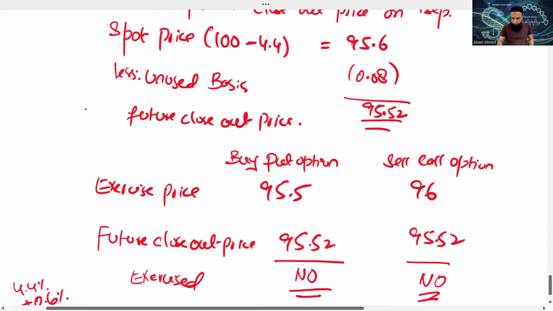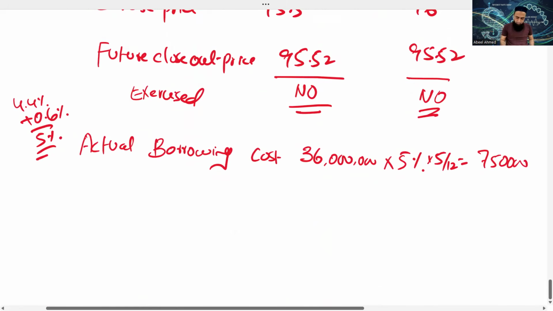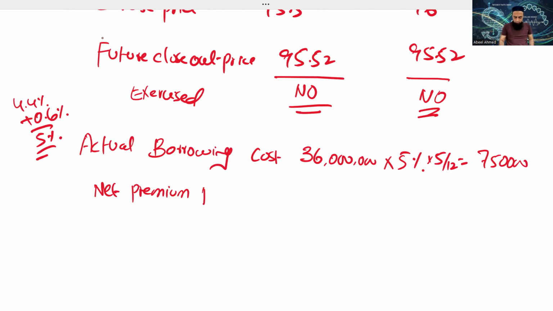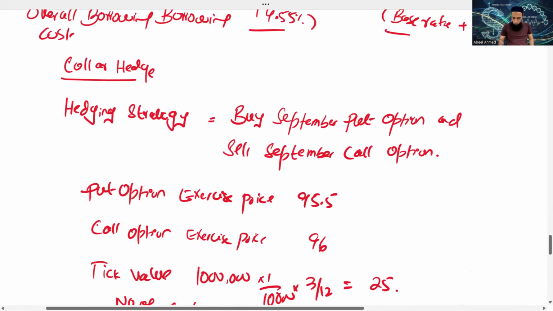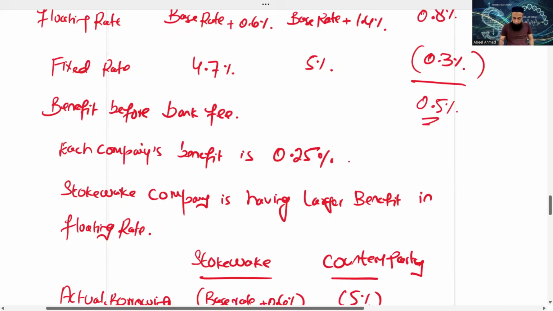What is the benefit of the 60? I'll tell you. We will be paying the net premium, because premium payable is more than the premium which we will be receiving. So net premium payment. We have to go to the question.